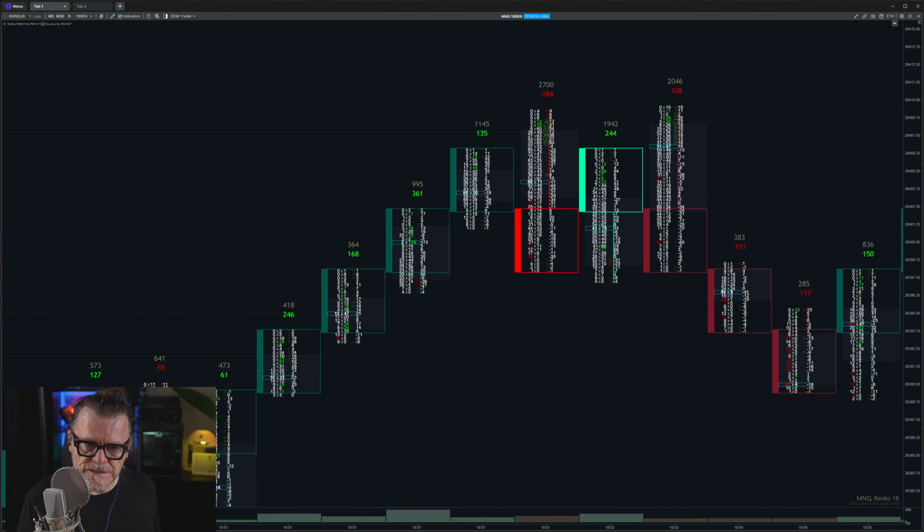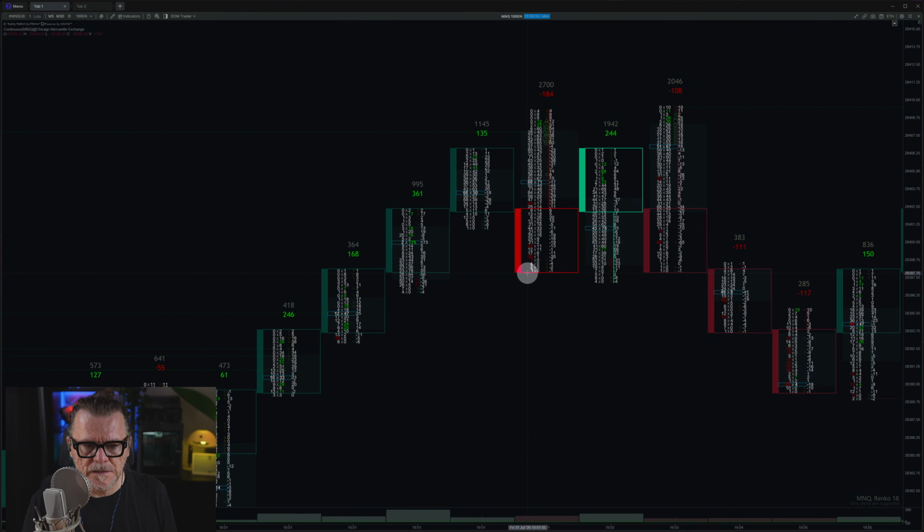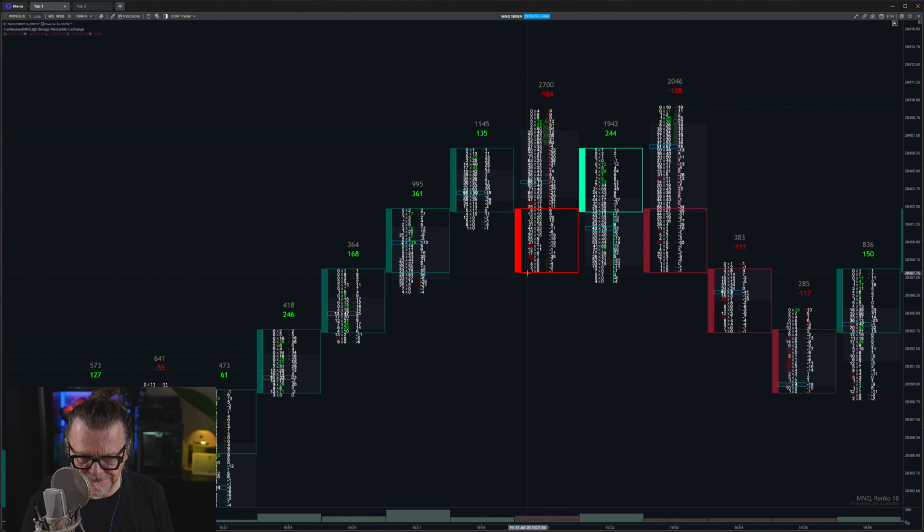I don't know what your settings for Renko are, but what I like about Renko candles is that they always close as a candle with a wick, never as a doji. There's always a wick. So it's always very easy to say if the candle is positive or negative, because I pay attention to how the candle closes. Or basically where the candle closes, not how the candle closes.